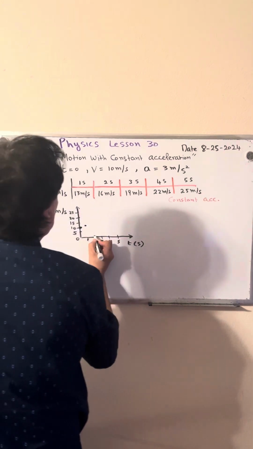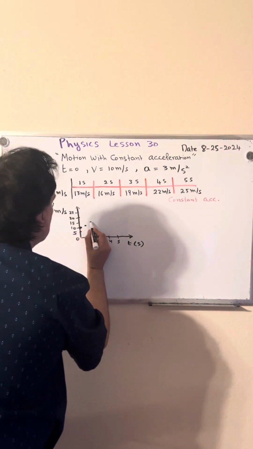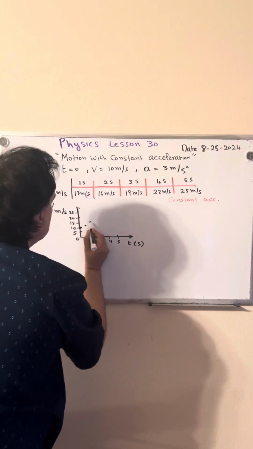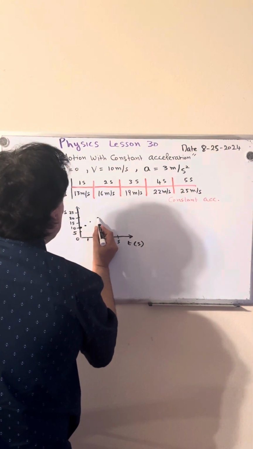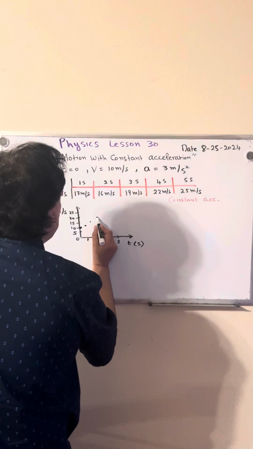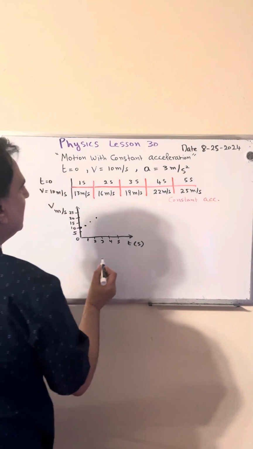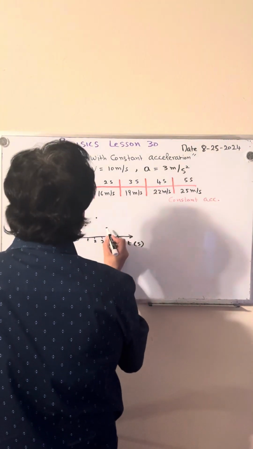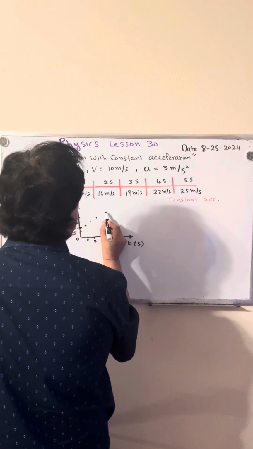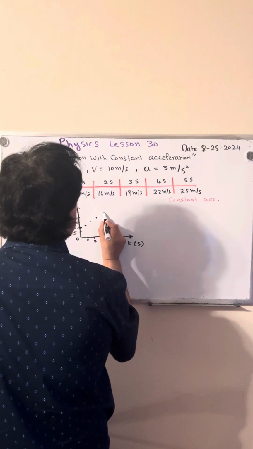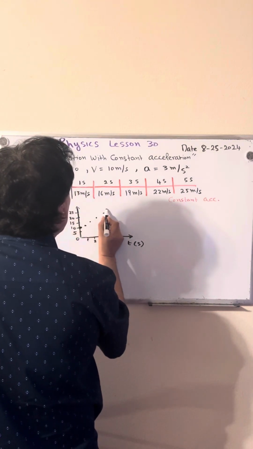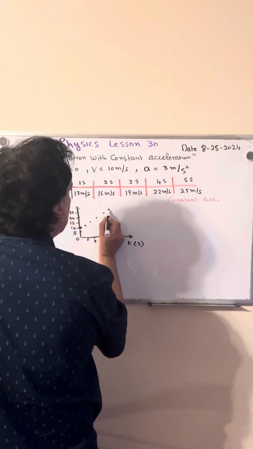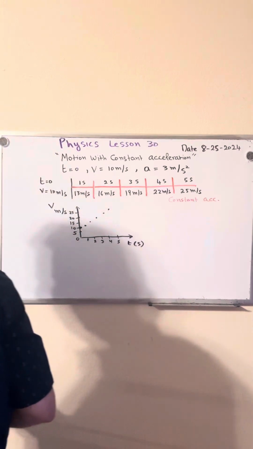After 2 seconds, I'm at 16, just above 15. At 3 seconds, I'm at 19, just a hair below 20. At 4 seconds, I'm going 22 meters per second, which is right here. And at 5 seconds, 25 meters per second.